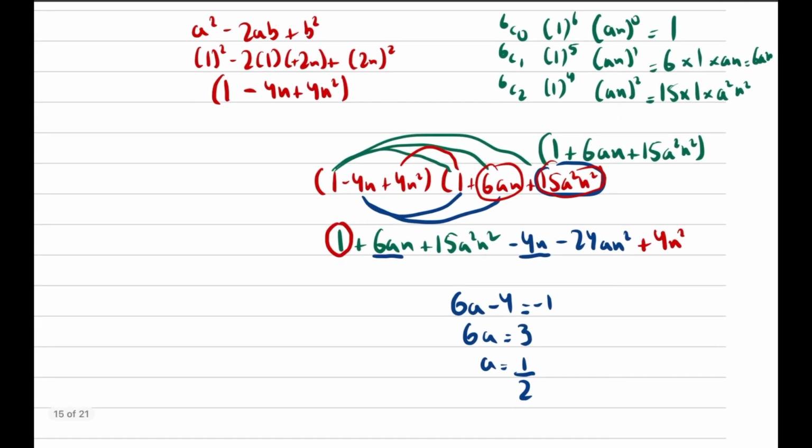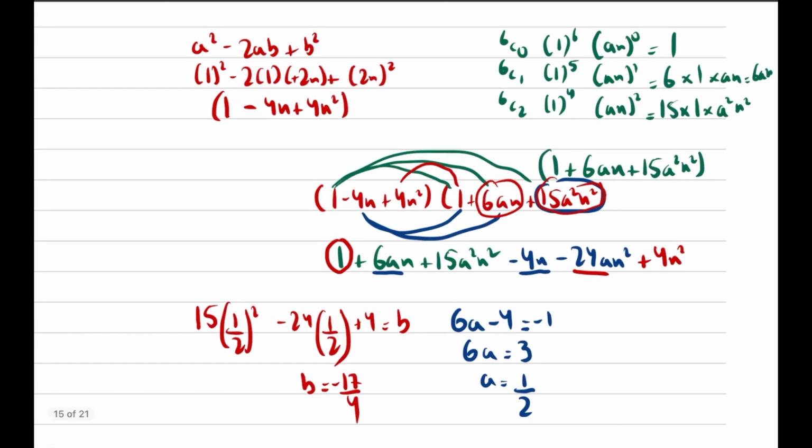And here it's 15a square. a is what बच्चे? (1 upon 2) square. And here it's minus 24 into 1 upon 2 plus 4 is equal to b. So let's solve this बच्चे. 15 upon 4 minus 12 plus 4. So my value of b is what? Minus 17 upon 4. Do you get this, guys?